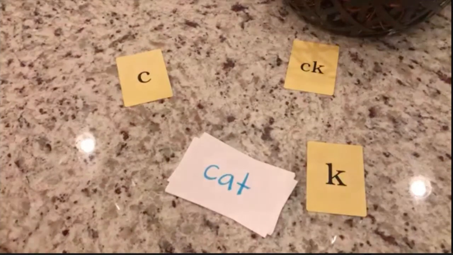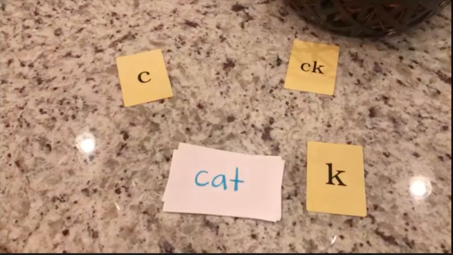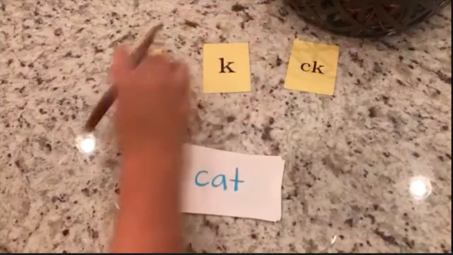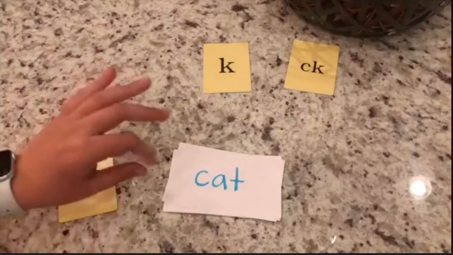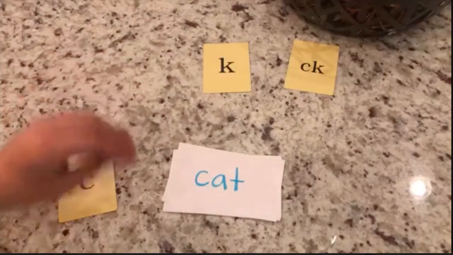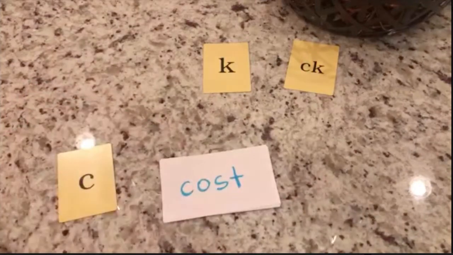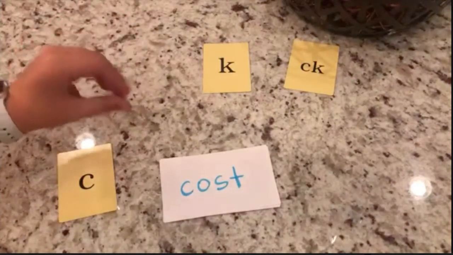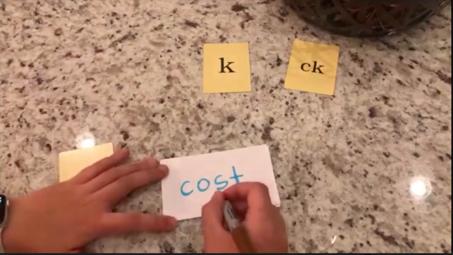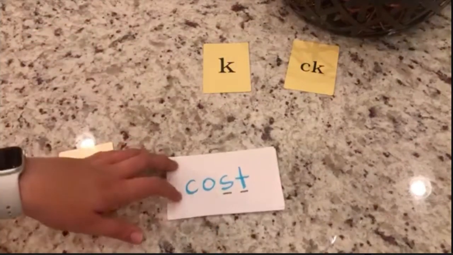Okay? Whenever the k sound is at the beginning of a word, you're usually going to use the letter C. The majority of the time. Like in the word cat. Or in the word cost, cost. Notice the blend on the end, the C at the beginning.